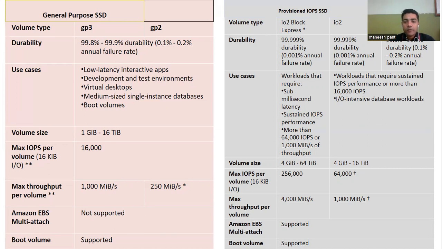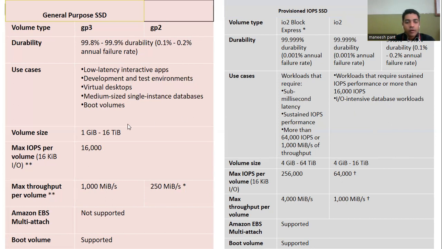So sustained sub-millisecond latency, and sustained IOPS performance of more than 64,000 IOPS or 1000 MB per second of throughput can be provided. Also, workloads that require sustained IOPS performance of more than 16,000 IOPS, input-output intensive database workloads.